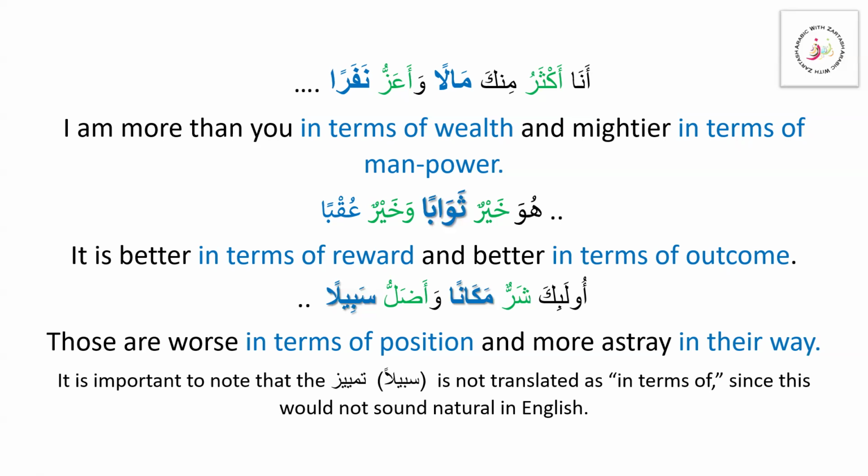Sharrun and adallu are vague words here in the form of ism tafdeel. We have this sabilan not translated as "in terms of," since this would not sound natural in English. So it is translated as "in their way." Those are worse in terms of position and more astray in their way.